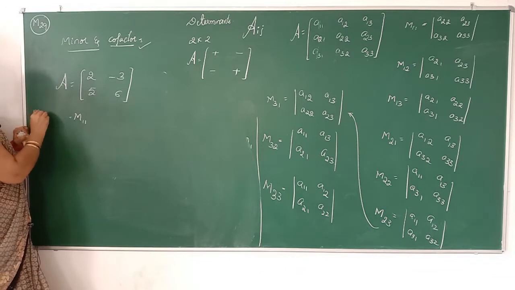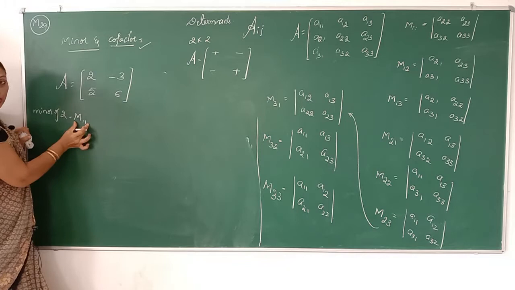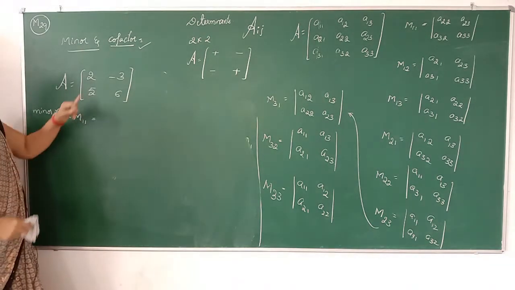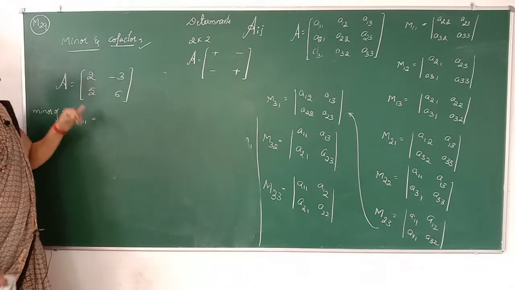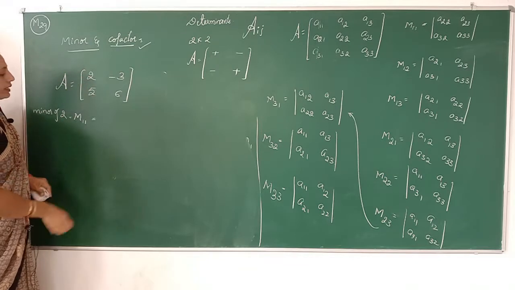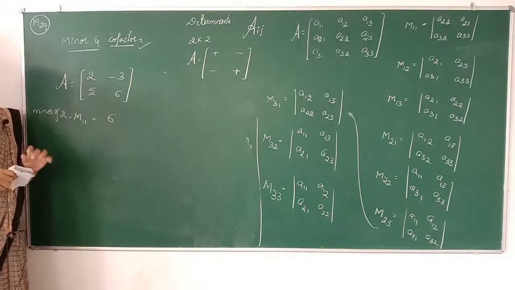It can be written as minor of 2 or as M11. 2 is an element of the first row and first column, so that row and column are neglected, and the remaining is 6. That is the minor of 2.